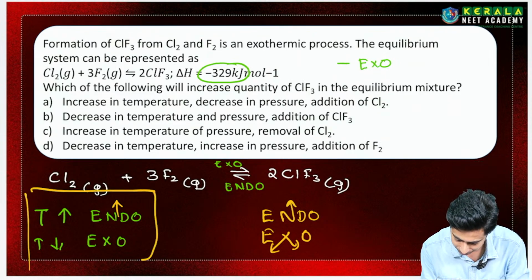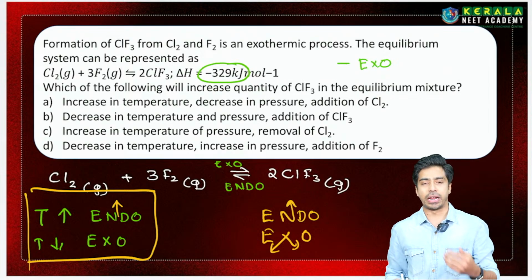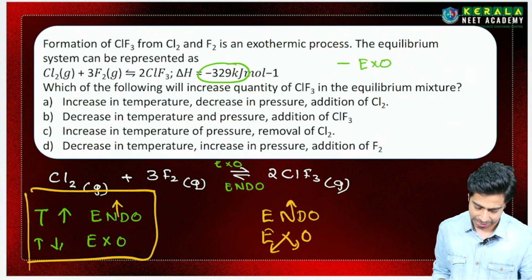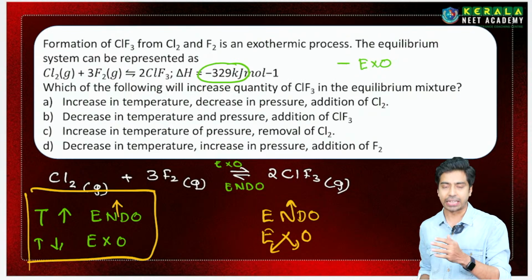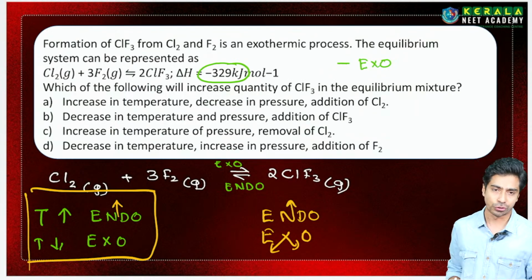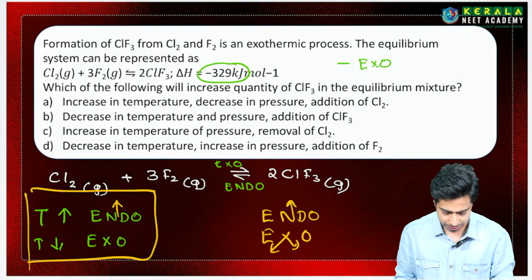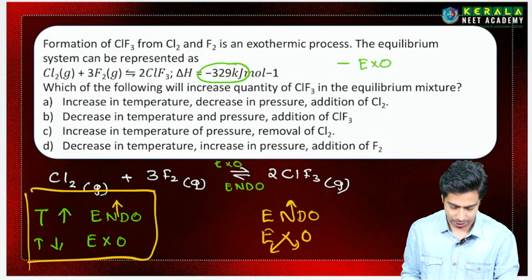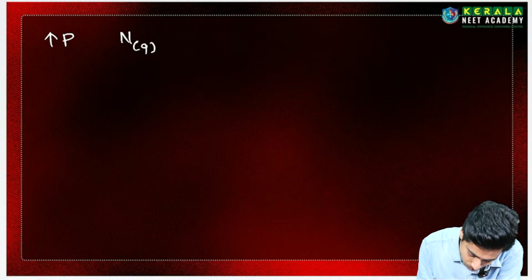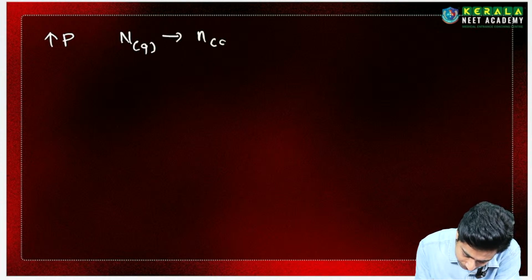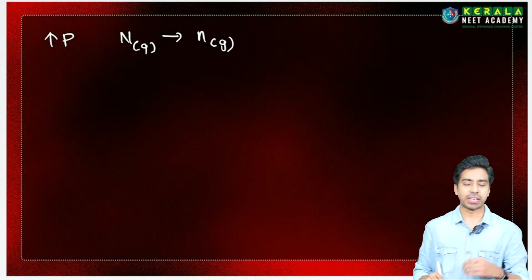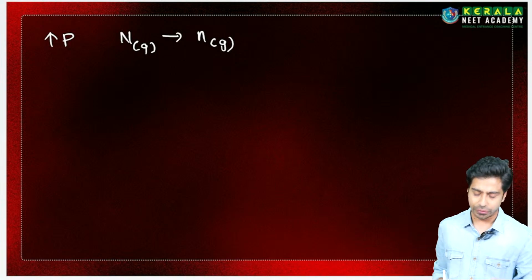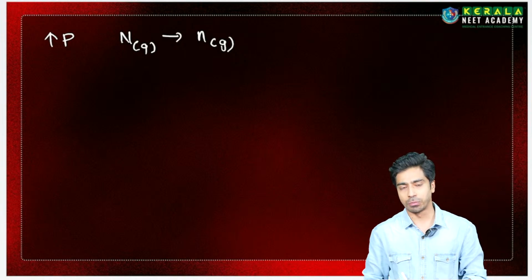Okay, this will be the statement. High temperature favors the endothermic reaction, and low temperature will favor the exothermic direction. This is the equilibrium chapter question. Now the next concept: if you are changing the pressure, at high pressure the reaction will take place from the side with the larger number of gaseous molecules to the side with fewer gaseous molecules.